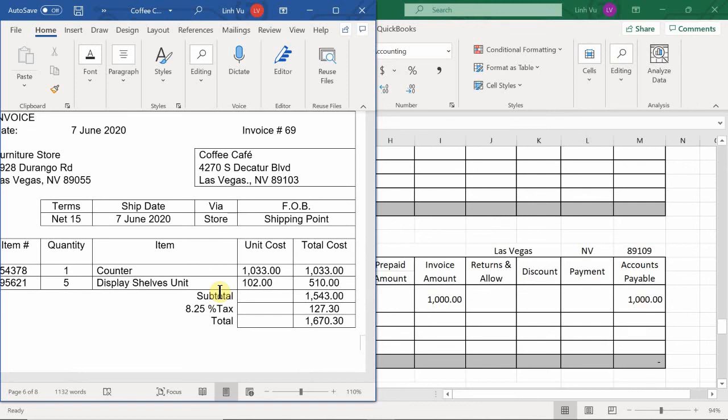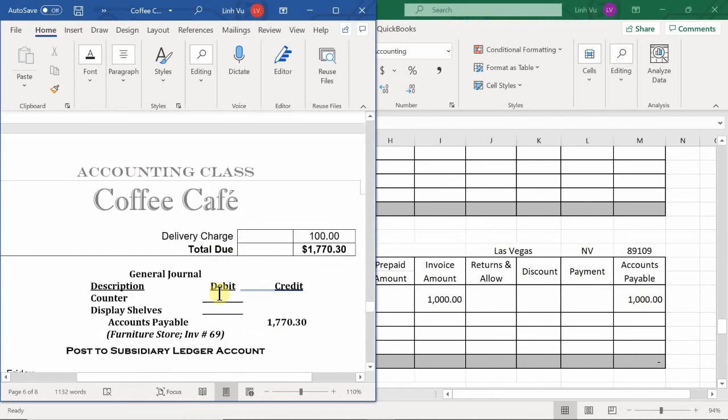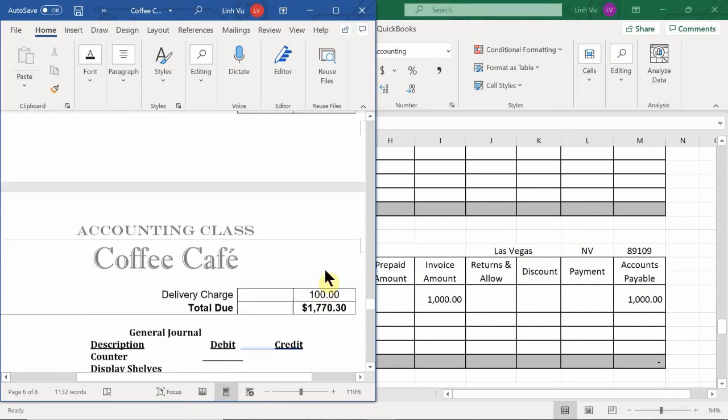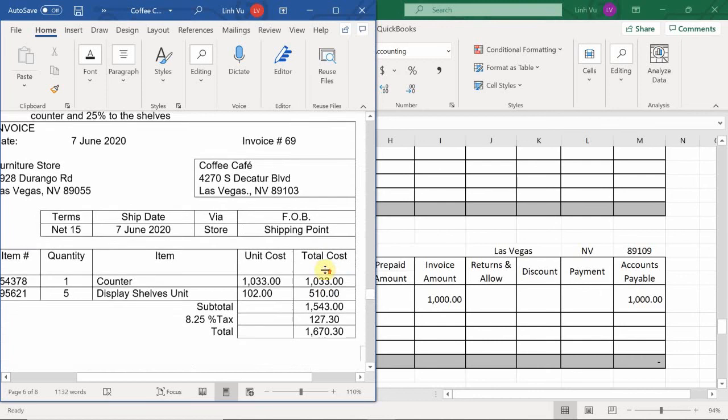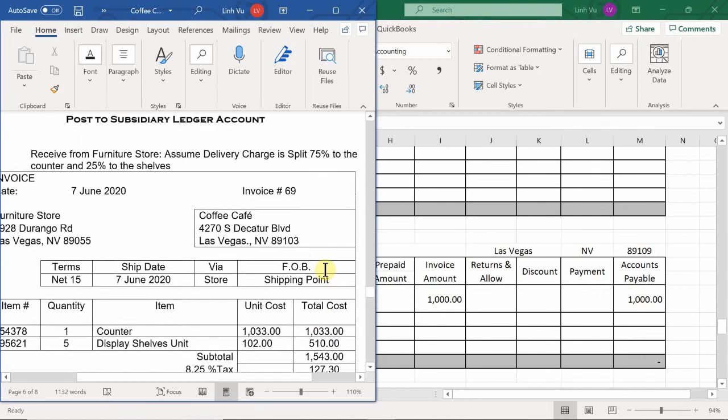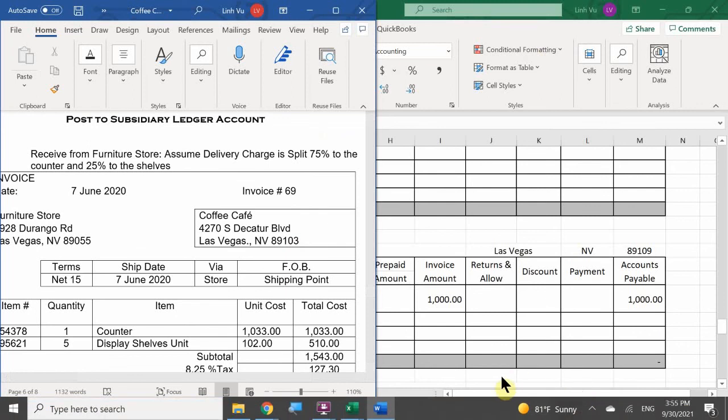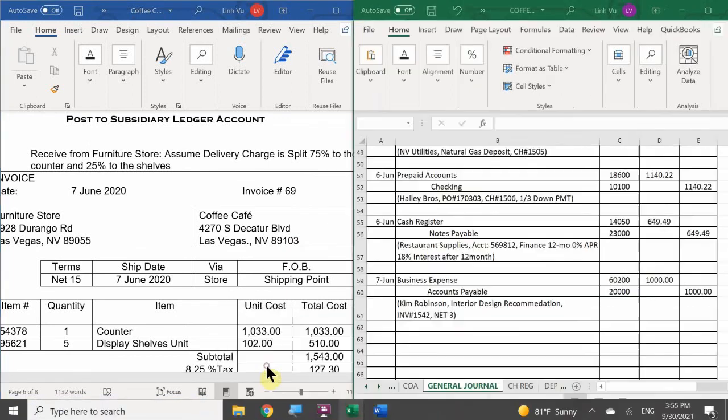So they sent us a delivery charge of $100. So the grand total is going to be $17.70. What did we actually purchase? What kind of assets did we acquire? We bought the counter and the shelves that we ordered before.